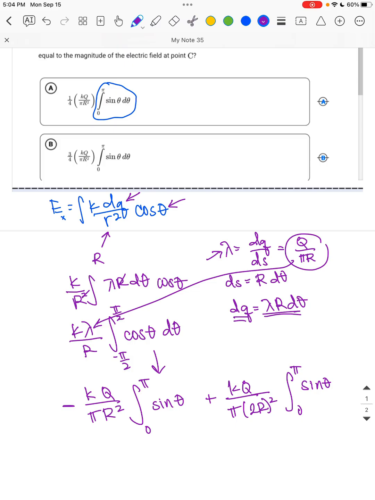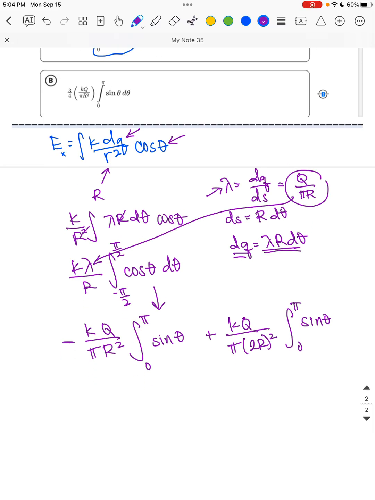Now, everything basically factors out here. I've got, let's call it a positive, k q over pi r squared. This first bit is basically just copying that whole thing. And then the second bit is basically everything I pulled out, except I've got a 1/4.